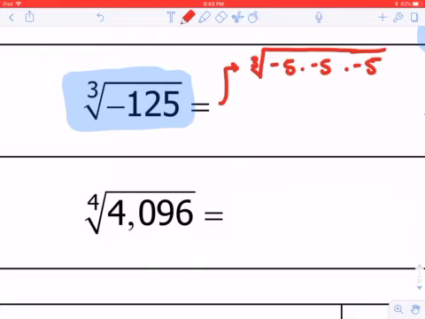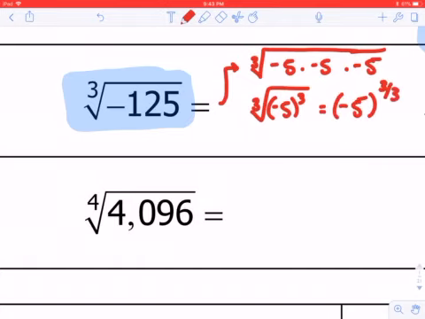So this actually simplifies. This is the cube root of -5 to the 3rd power. Notice the power and the root are the same. So if you divided them, this would be to the 3 over 3 or -5 to the 1st. So your answer is -5. Notice I was able to pull that negative out.